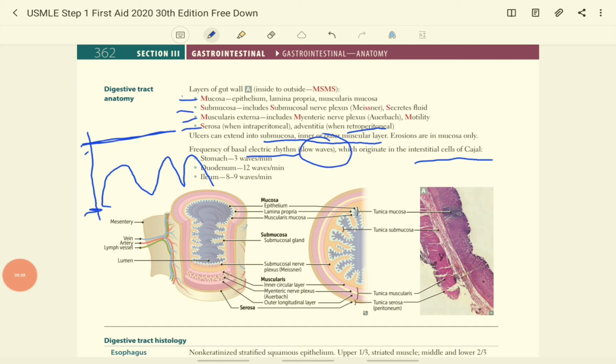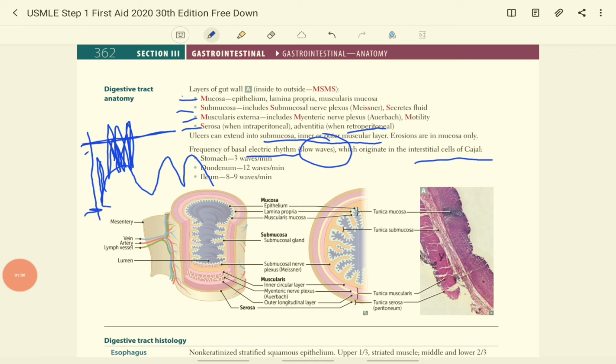If the stimulus is received at this point, it will be very weak, but if the stimulus is received in this area, it will be high. So the muscle will contract easily in this area.